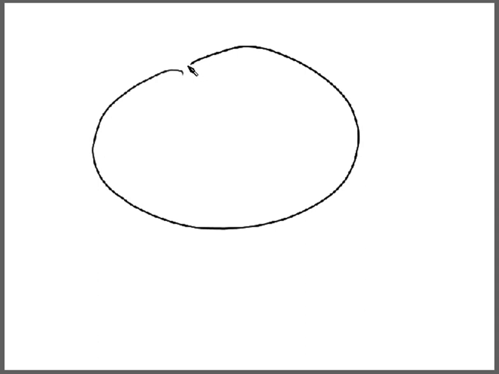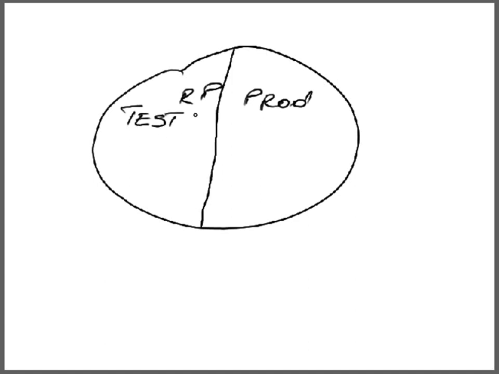Let's draw a circle here, and let's assume this is our resource pool. So I'm going to say resource pool. So let's break this down into two here. Let's carve it up into two. Let's assume the right side is production and the left side is test and development, whatever you want to call it.